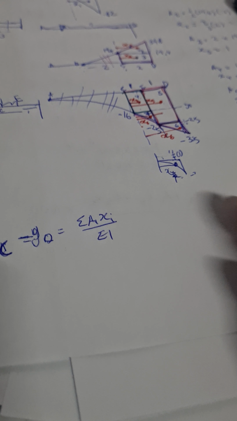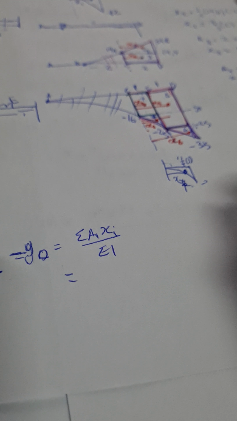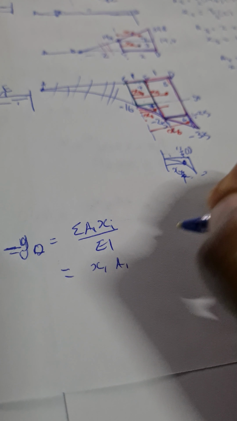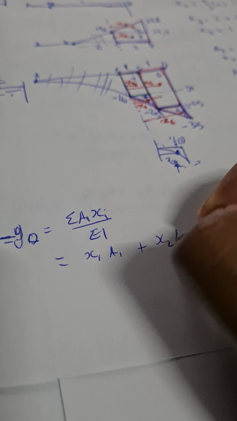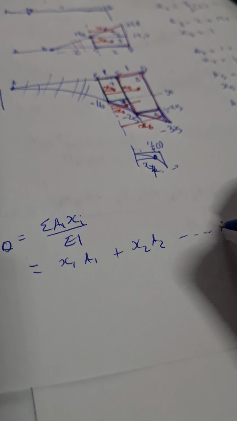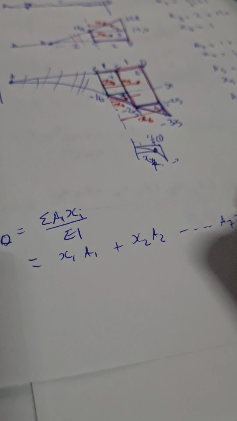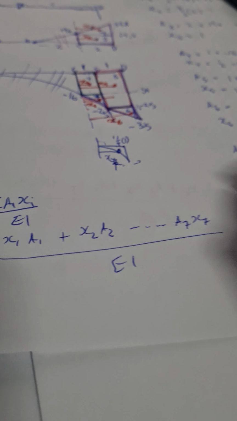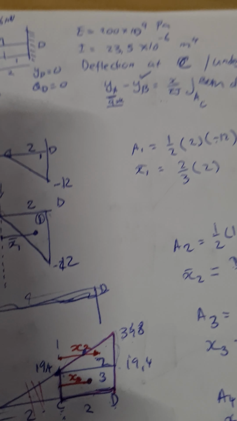That's it. And then we do the same thing again, say x1 times A1 plus x2 times A2, and so on, up until x7, and then we divide it by EI. Again, the EI here is what's given here.